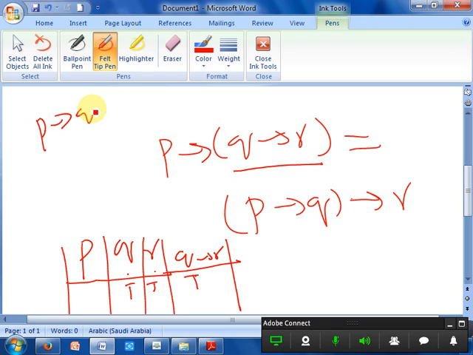Now in this case, the only false is if there is true false, it is false. True false is false, and all others are true. True false is false.